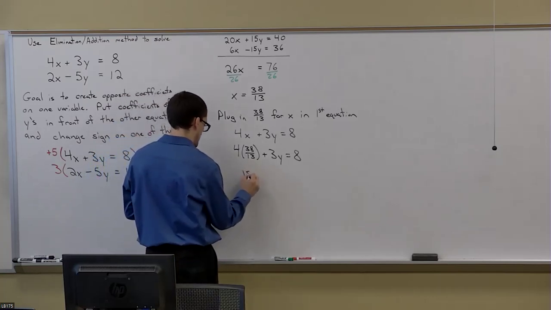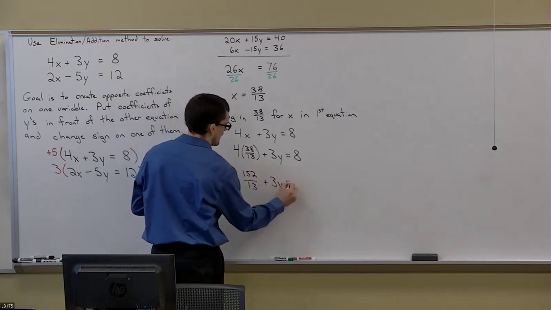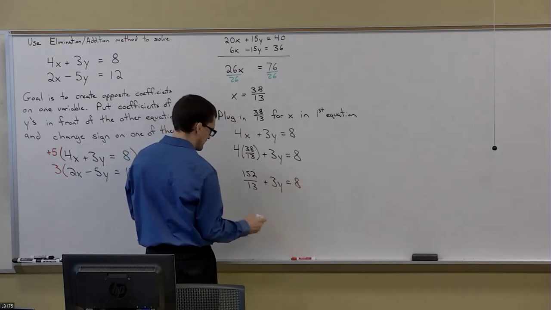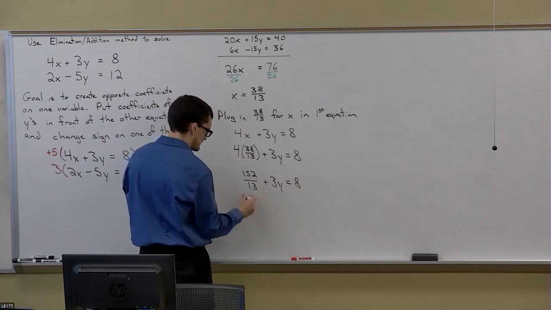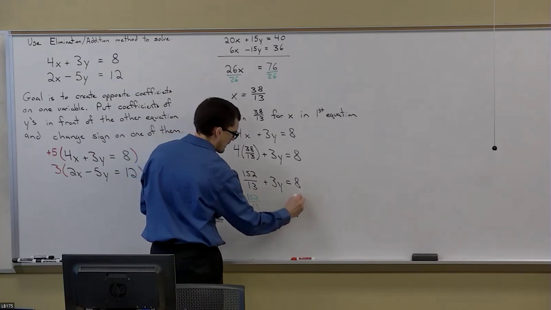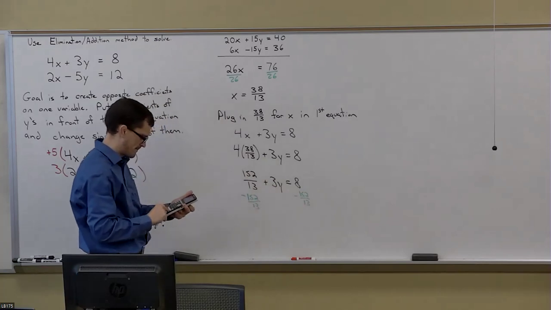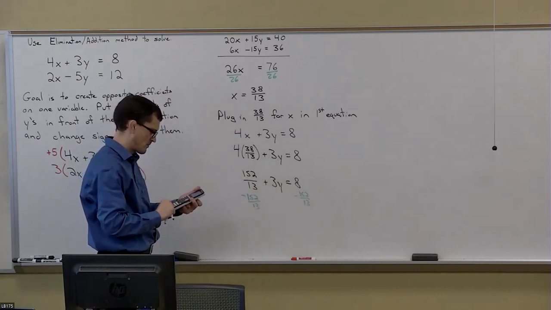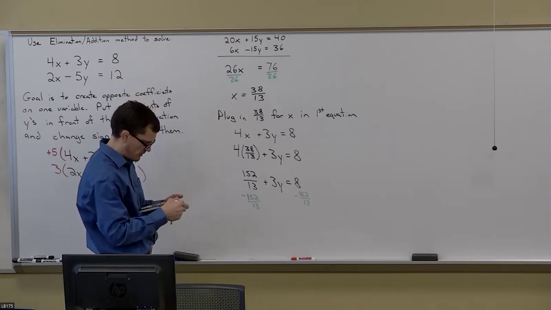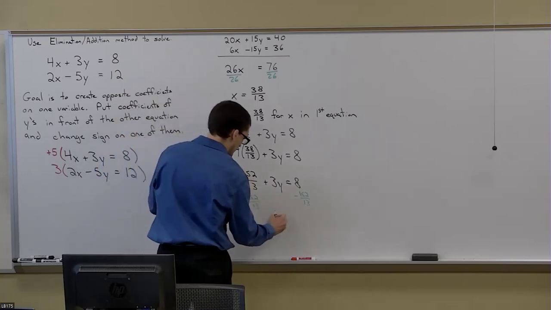So that's 152 over 13 plus 3y equals 8. I'll subtract 152 over 13 and then divide by 3. I get negative 48 over 13 equals 3y.